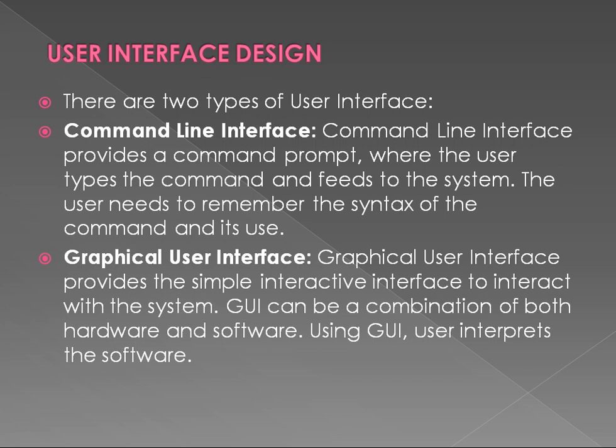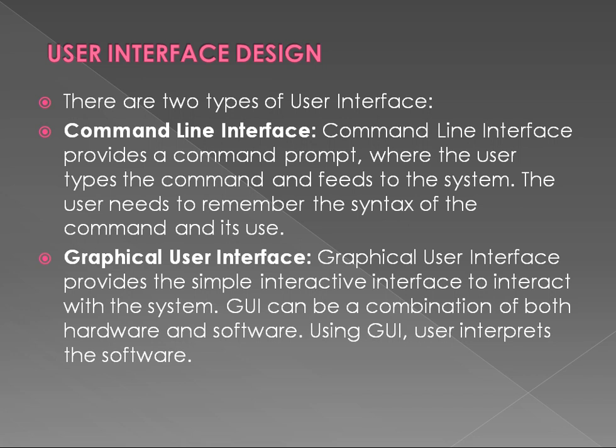So there are two types of user interfaces. The first one is the command line interface and the second one is the graphical user interface. Command line interface means we need to remember the command prompt. If you type any command, then automatically it gives the output as per the request, as per the command we have given; the operating system will handle it and give the output.